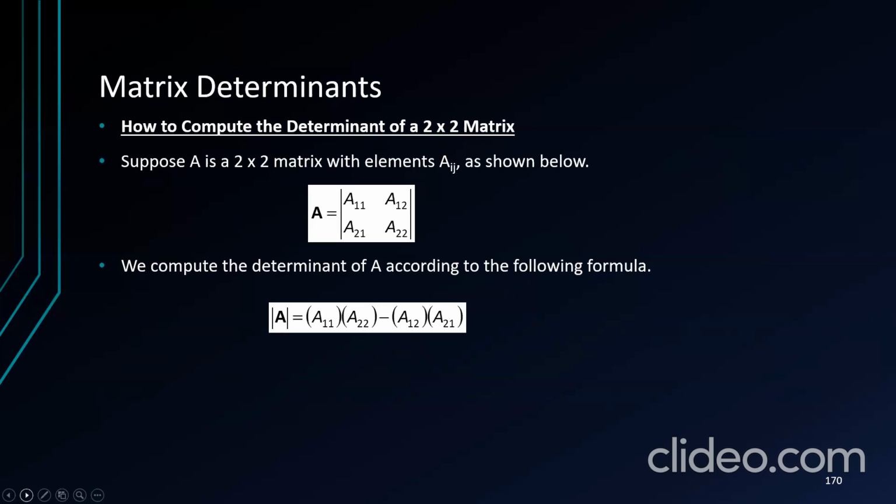So we compute the determinant of A according to the following. So tatawag dito is determinant, hindi yung value ng matrix sa lagit. Ang tawag dito is determinant is A11 times A22 minus A12 times A21. Okay? Ito muna, pababa, then pababa to the right, then pababa to the left. Yan, ang ano niya, minus.